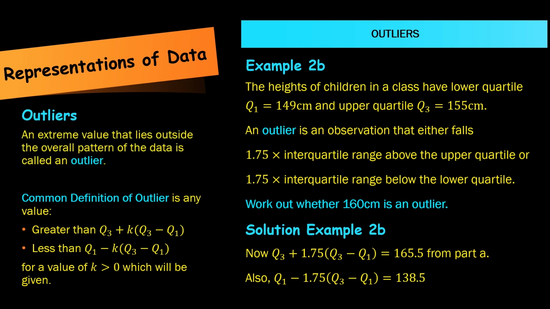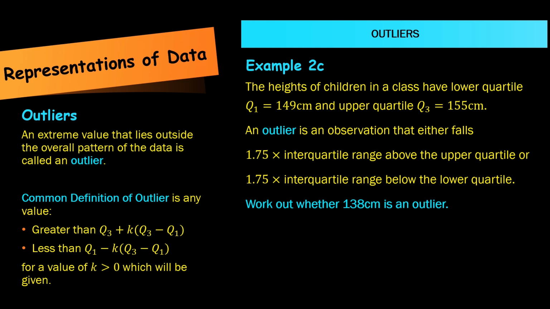So here's a summary of the key information. Since 160 is between these key points, we can therefore safely conclude that 160 centimeters is not an outlier. And now for part C. We are required to work out whether 138 centimeters is an outlier.